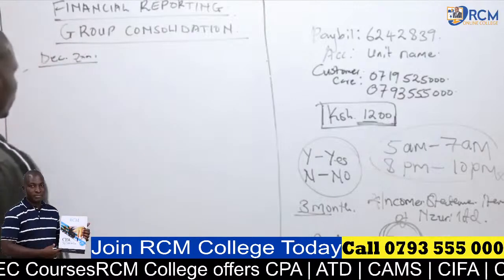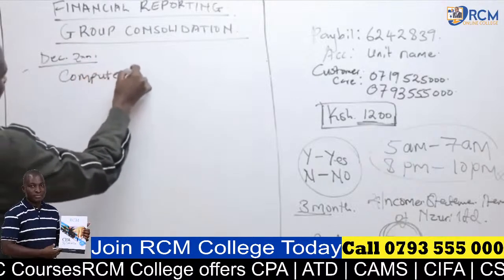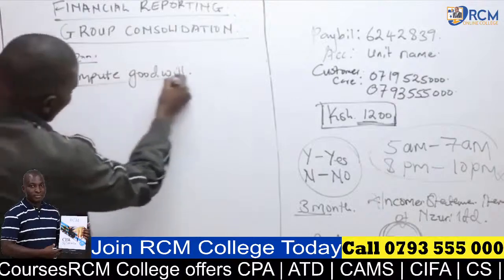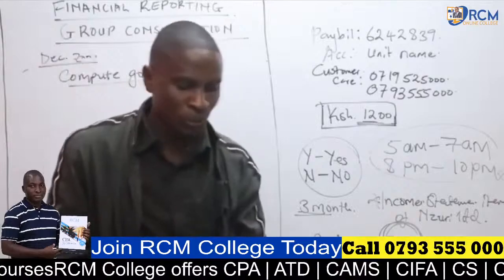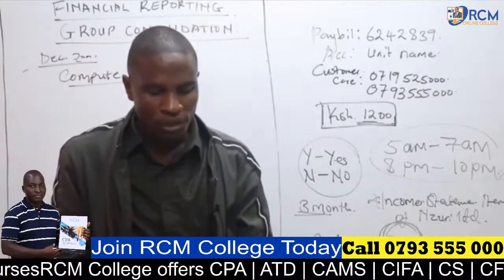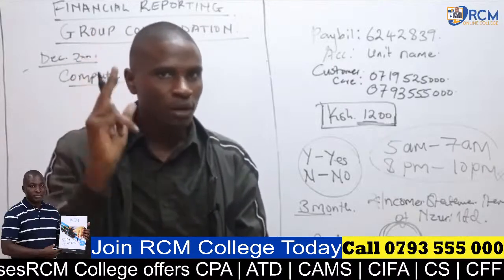So we'll say computation of goodwill. In this question I can see that we are not told of NCI. There's nowhere we are told of NCI.